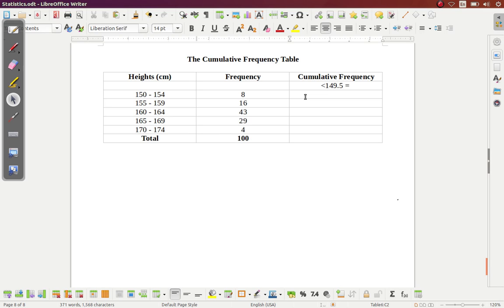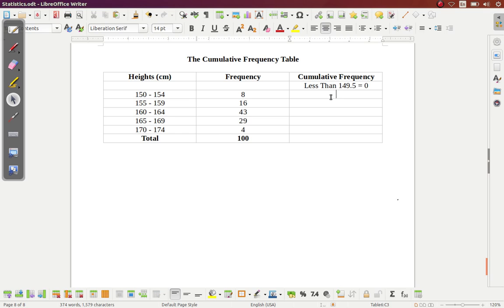How many? 0. Because anybody who measured less than 149.5, you would not include them in this table. All right? In fact, let me write out the word less than. Less than 149.5, 0.